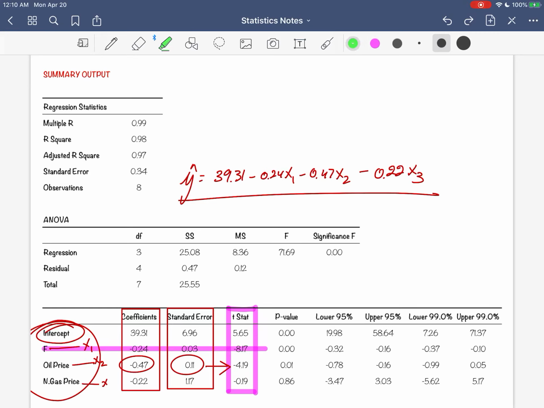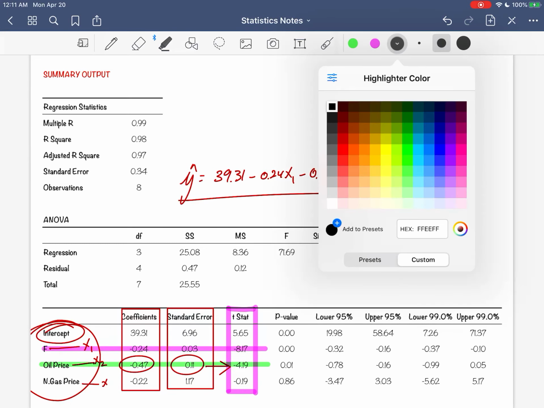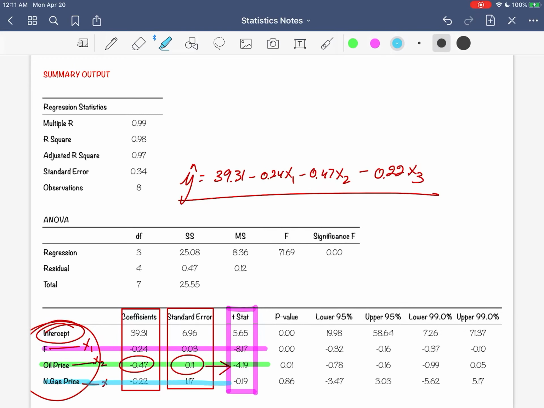And by happenstance, by the stroke of luck, oil prices, the second variable, is actually the second most important variable. It has a test statistic of 4.19. And then finally, natural gas is not significant because it's got a test statistic of only 0.19.